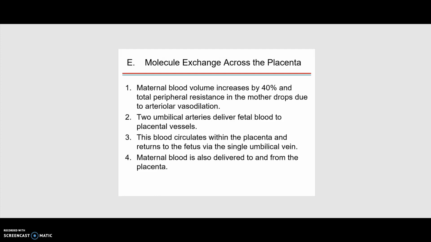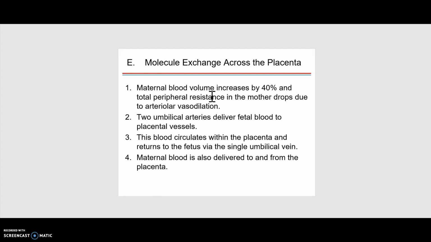Now we're to, again, molecule exchange across the placenta. We said the maternal blood volume would increase significantly, and that was to have enough blood to adequately perfuse the placenta. Now, if you recall from my cardiovascular lecture, if the maternal blood volume went up significantly, then hypertension could ensue. But one of the things that would prevent that would be a decrease in total peripheral resistance, systemic vascular resistance.